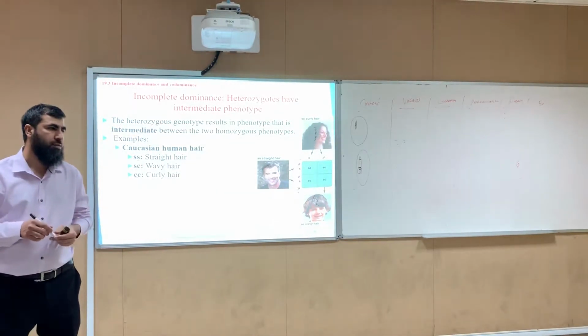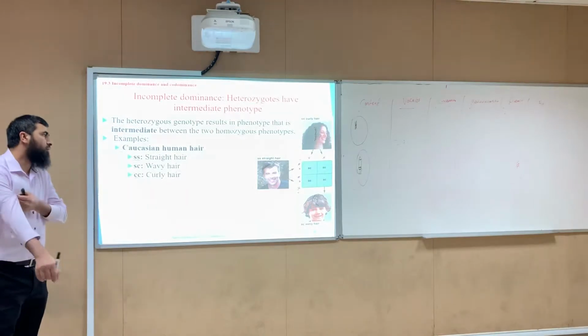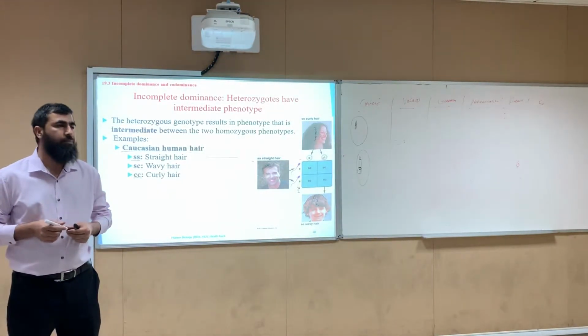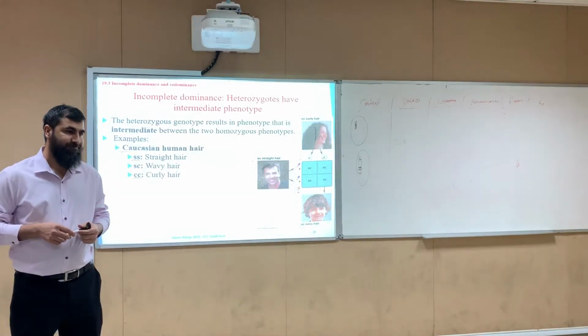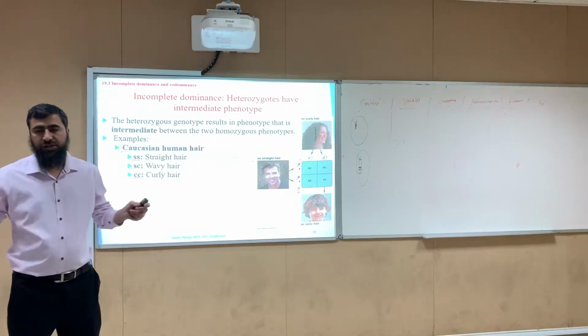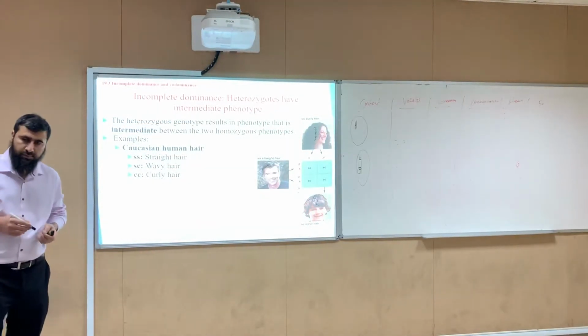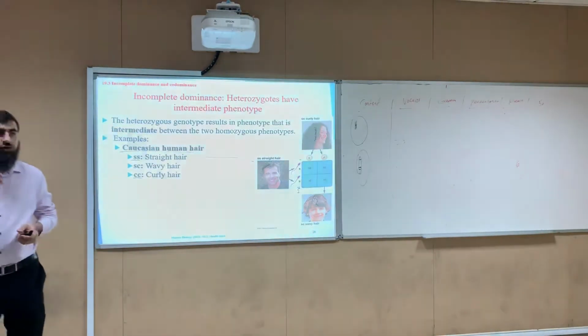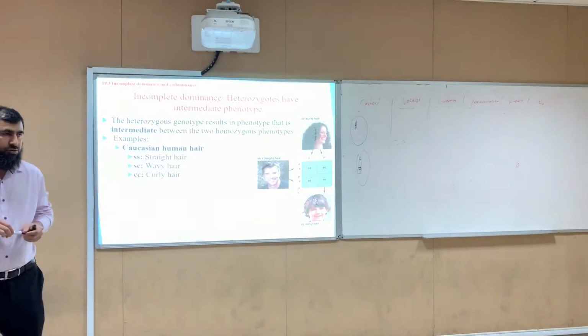What about the hair color? So in hair color, skin color, these are polygenic traits. Eye color, height. Many genes control them. If you look at the heterozygous of those you will also find incomplete dominance.